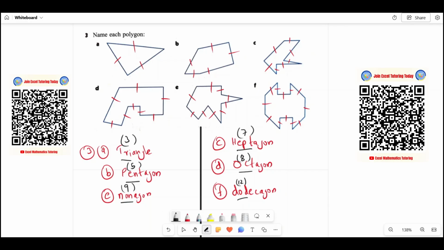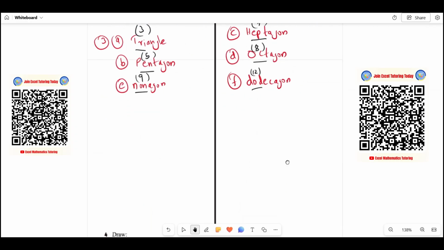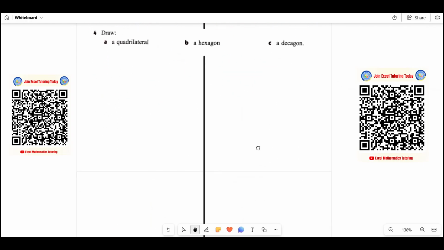And the next one, we just need to draw all the 3 polygons. So for the first one, 4A, they are just asking for a quadrilateral, so there is no special quadrilateral they are asking, so you can draw it in any way.